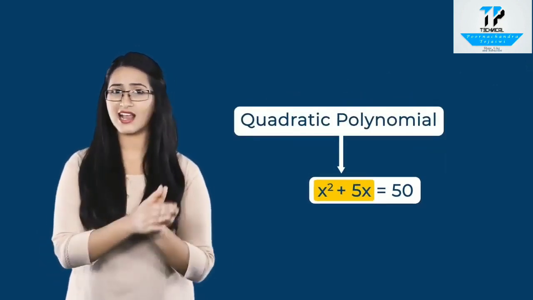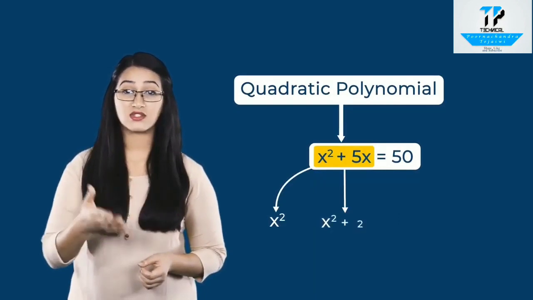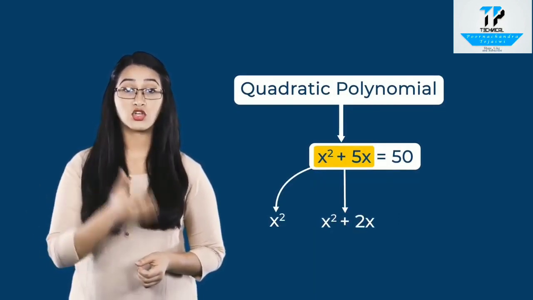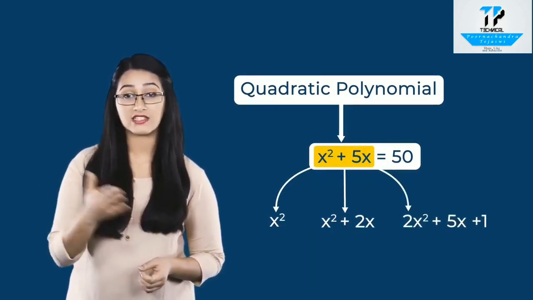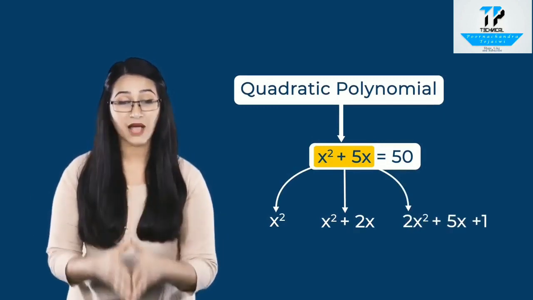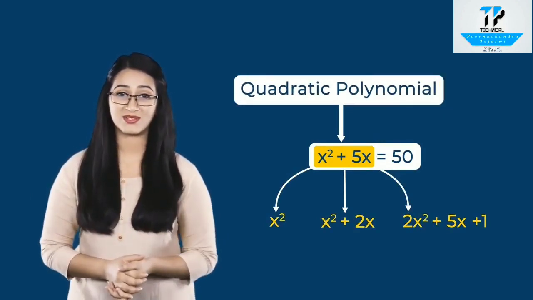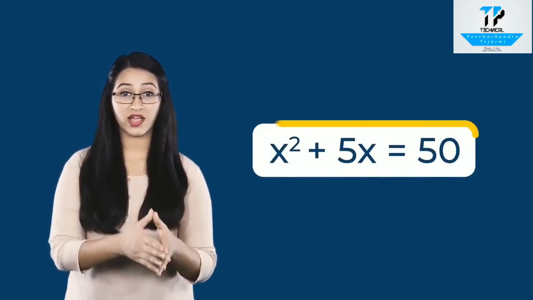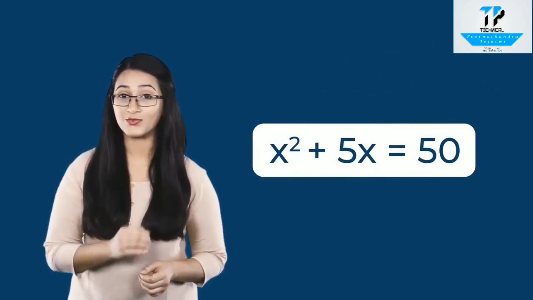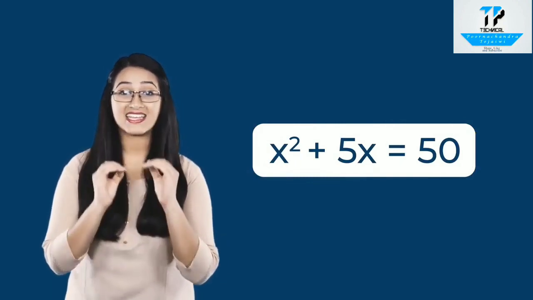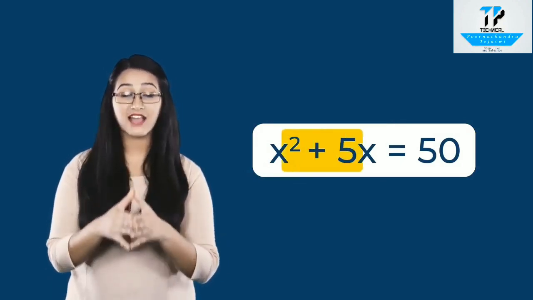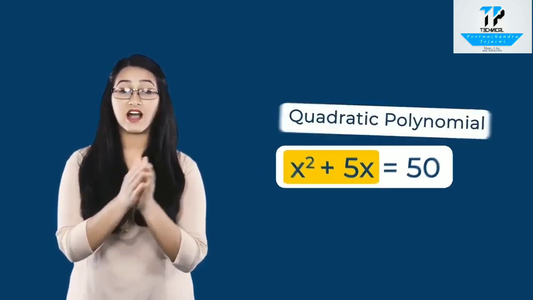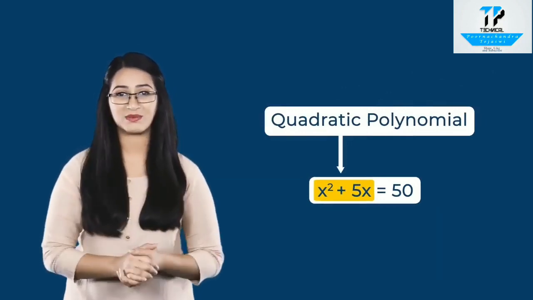So expressions like x squared plus 2x, 2x squared plus 5x plus 1 are examples of quadratic polynomials. So what we got from the puzzle, x squared plus 5x is equal to 50, is an equation whose left-hand side is a quadratic polynomial.